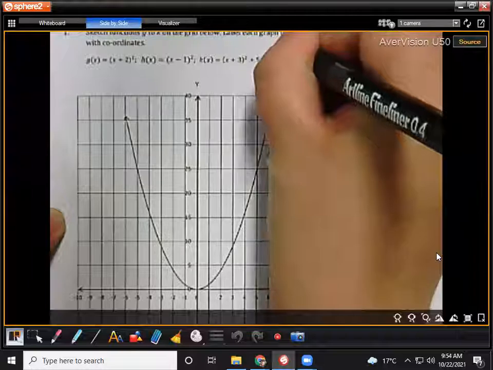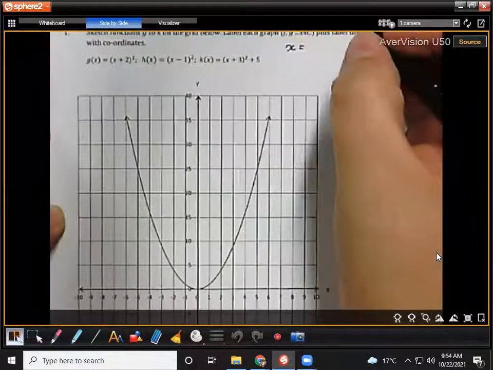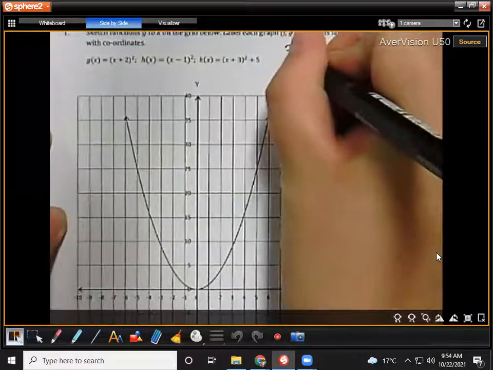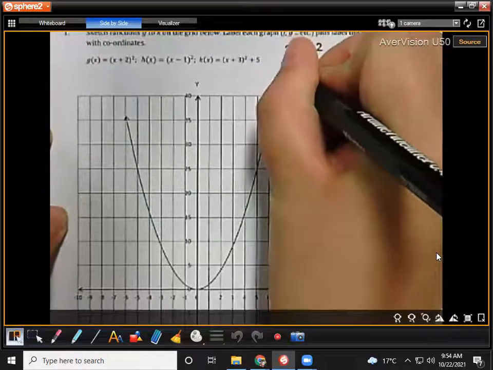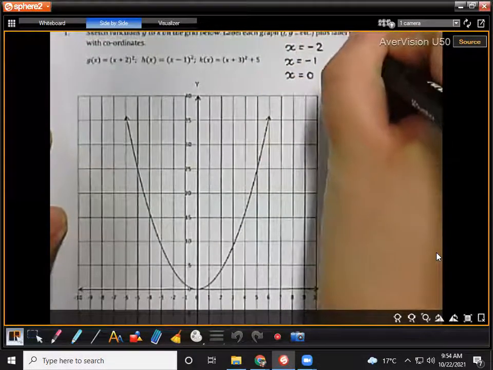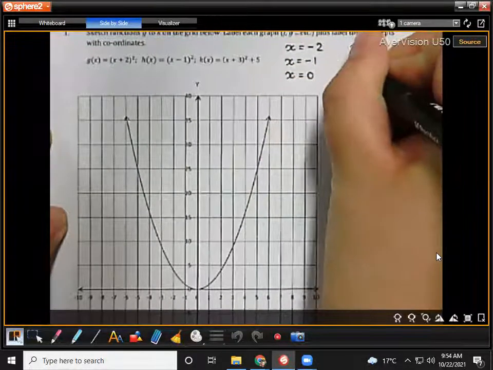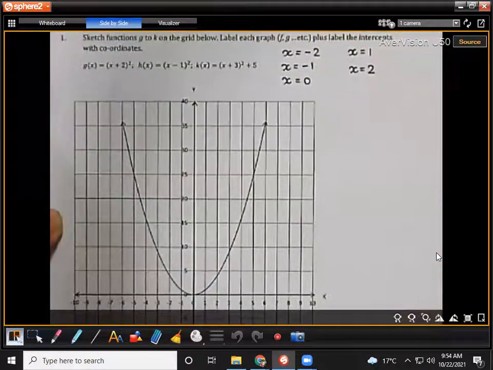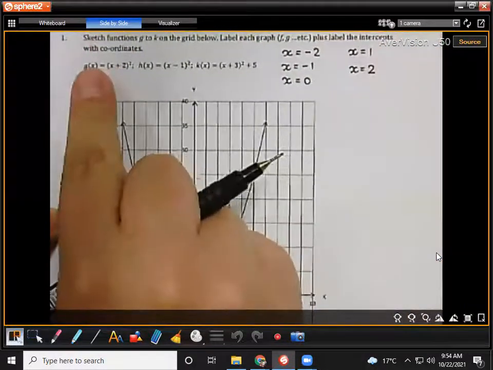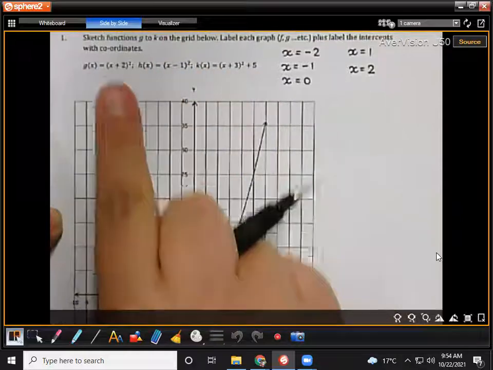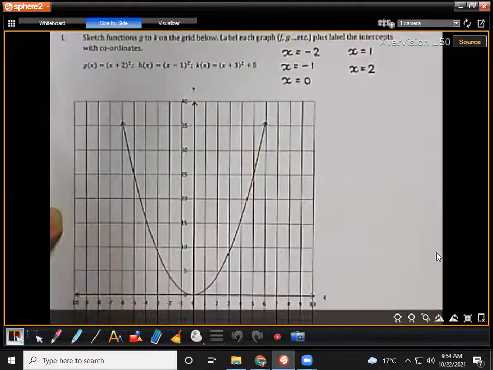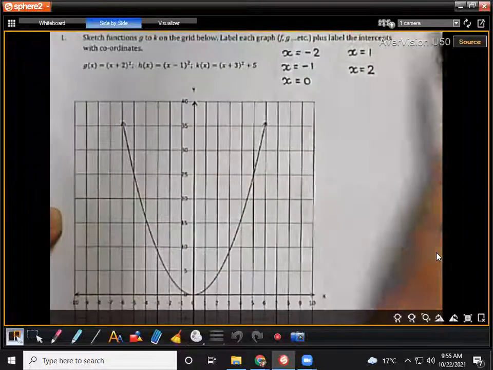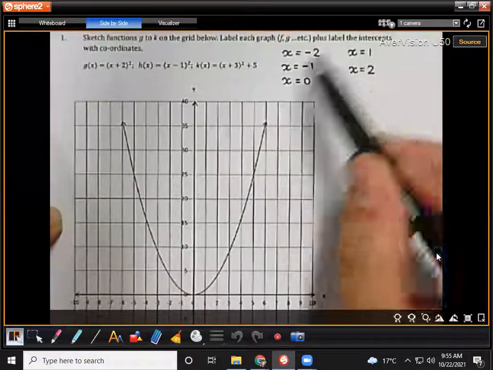So let's choose x equals -2, x equals -1, x equals 0, x equals 1, and x equals 2. Sub those 5 x values into the equations. I'm just saying let's all use those ones. You can pick other ones if you want, but just so that we are all doing the same thing.